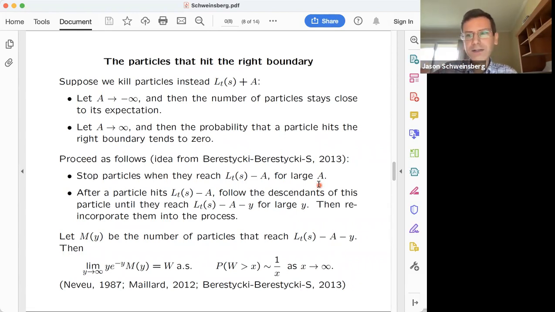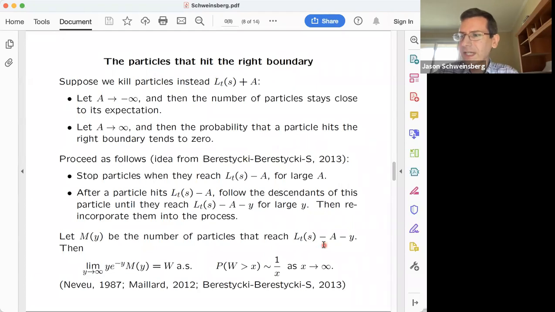But when a particle hits the right boundary, instead of killing the particle, we'll follow the descendants of the particle until they reach L_t(s) minus a minus y, where y is another large constant. And then we'll reincorporate these descendants back into the process. Now let's let m(y) be the number of descendants of the particle that reach L_t(s) minus a minus y.